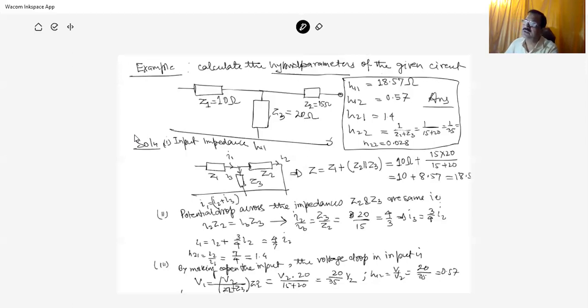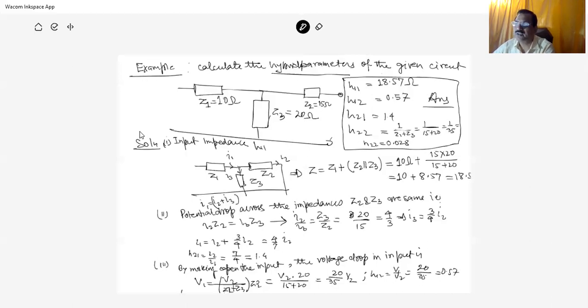So this is all about the examples. We have discussed the common base configuration hybrid circuit and compared it with the common emitter hybrid circuit, the hybrid parameters from the various characteristic curves, and a few examples through the circuit components of how to calculate the hybrid parameters from the given concept.